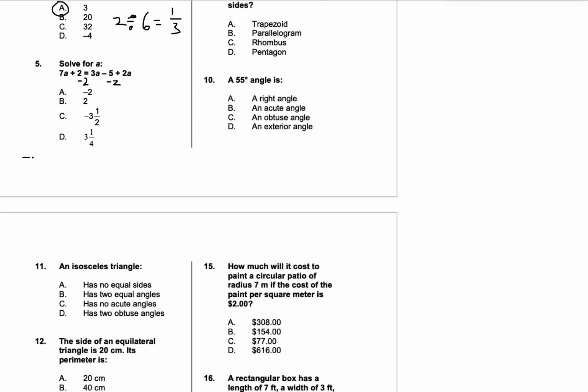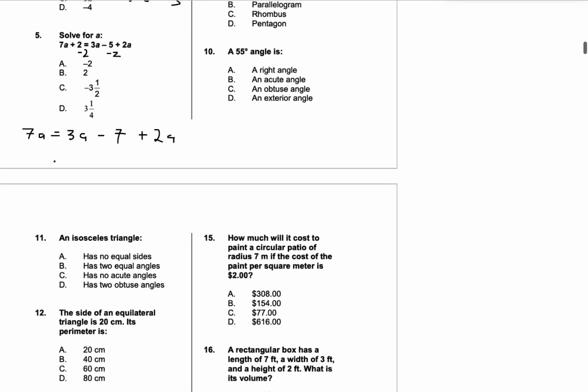So we can rewrite the problem as 7a is equal to 3a minus 7, I should say, plus 2a.